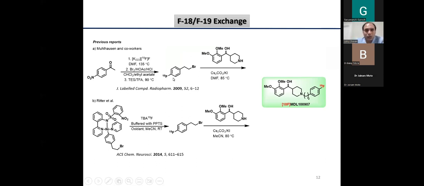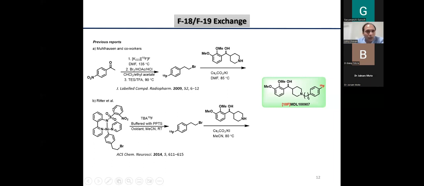They got this 4-fluorophenyl ethyl bromide, which they coupled with pyrrolidine NH, and got MDL-10907. But since this is a multi-step process, it ended with low radiochemical yield.